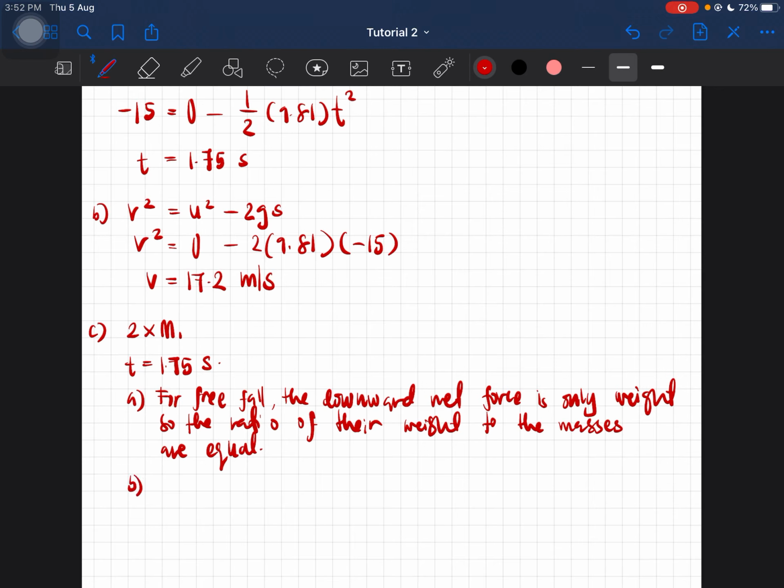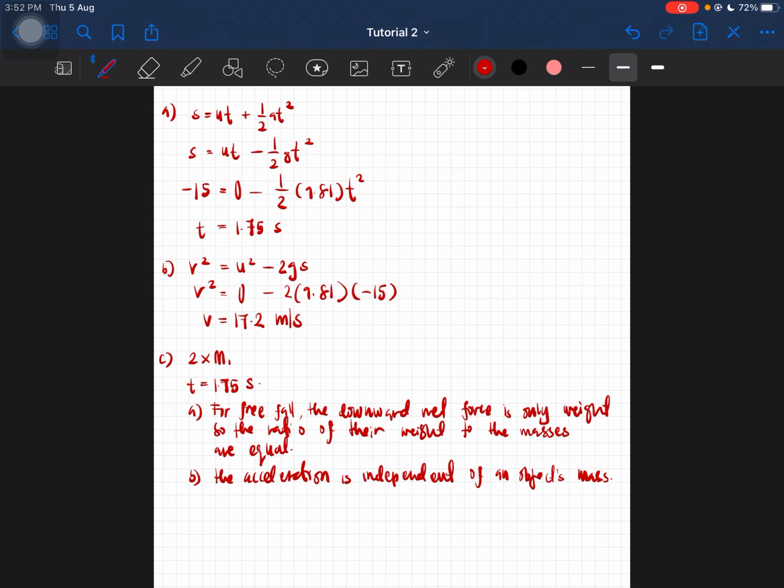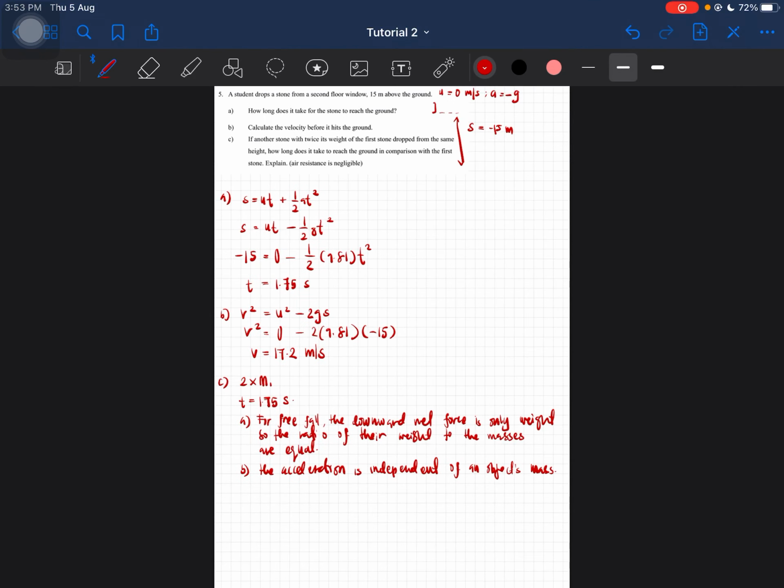So the acceleration is independent of an object's mass. So acceleration is independent of the object's mass. So no matter how heavy one of the stones is, they will always reach the ground at the same time. Okay, all right. So that is question 5.